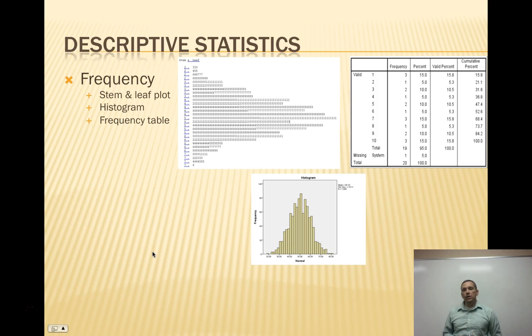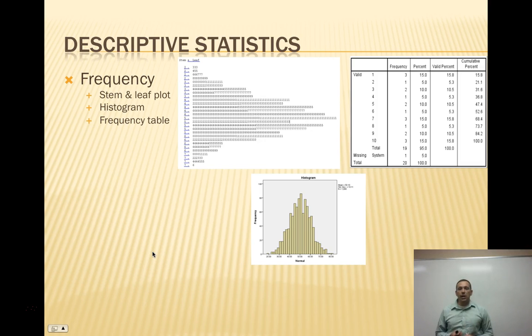Then you get percent and valid percent and cumulative percent. The thing I want you to be aware of is that the percentages are different between percent and valid percent. Basically, the difference is under percent, if you go all the way to the bottom where you see the 5% and follow that out to the left, you'll see it says missing system. Basically, the percent column takes into account any data that you have that are missing.